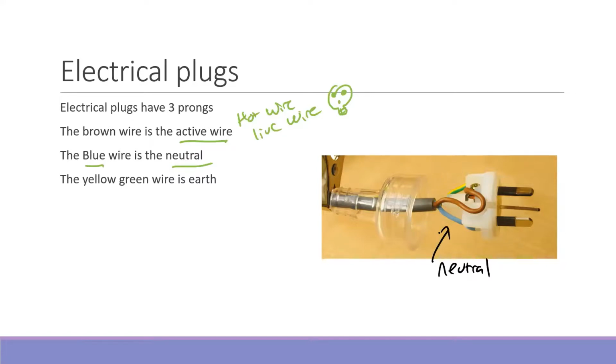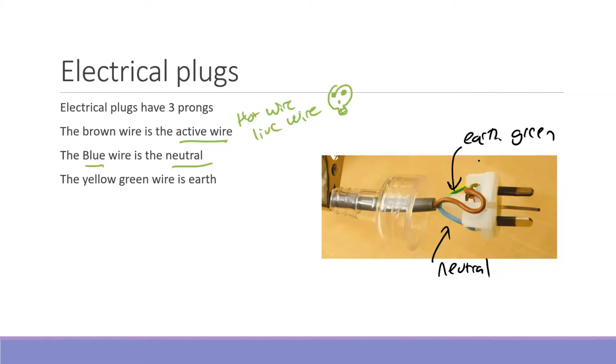The neutral wire is blue, whereas the earth is green and yellow. And it makes sense that the earth would be green because, you know, earth, grass is green. So these are the three wires as they're connecting to it. Usually, and these rules will change depending on the country that you're in.